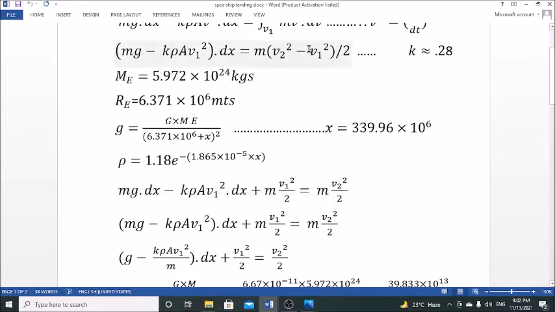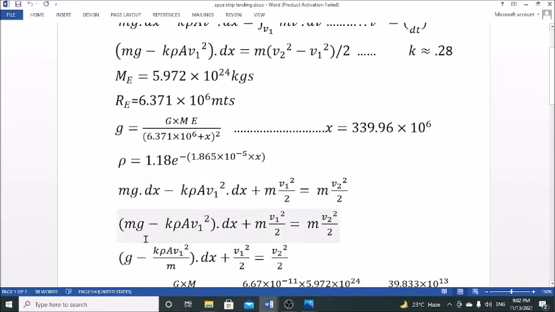We have transferred the mv1 square to the left hand side, equals mv2 square over 2. Why? Because v2 is what we are seeking. We'll start with v1 and set out to find v2.